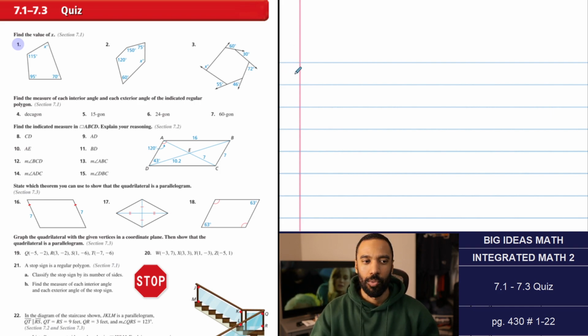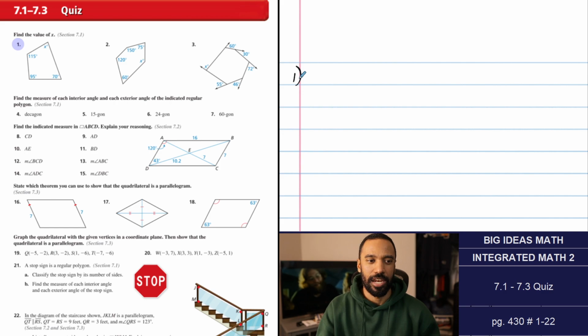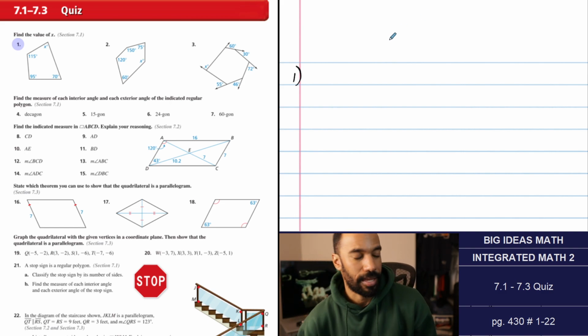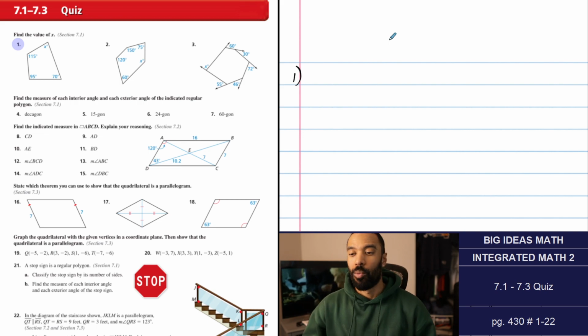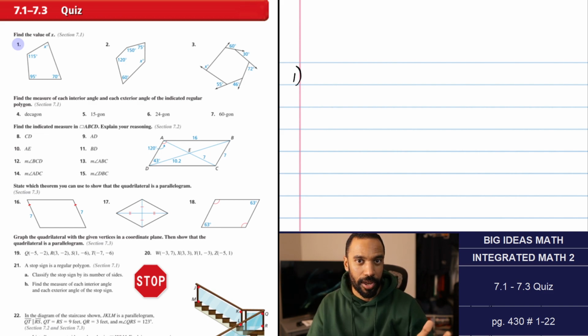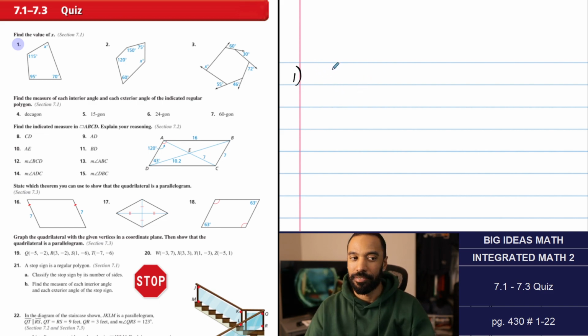We're going to begin with finding the value of x in numbers 1, 2, and 3. They show you in section 7.1 here. 7.1 is all about the angles of polygons. What we have in this situation, one problem at a time, is a quadrilateral, 1, 2, 3, 4 sides, which also means 4 angles, and a 4-sided polygon, quadrilateral, like a parallelogram, has an interior angle sum of something.